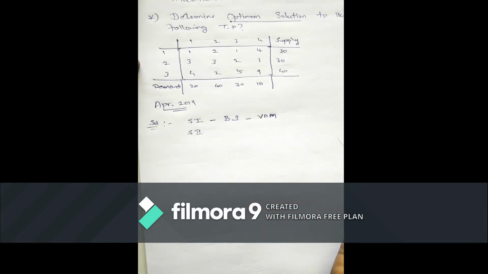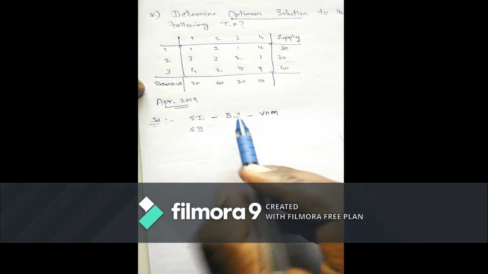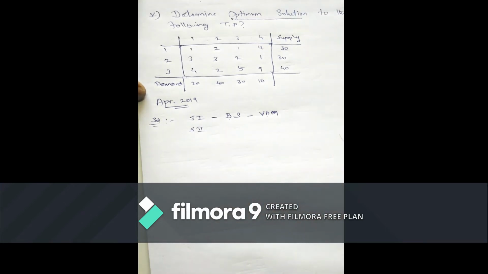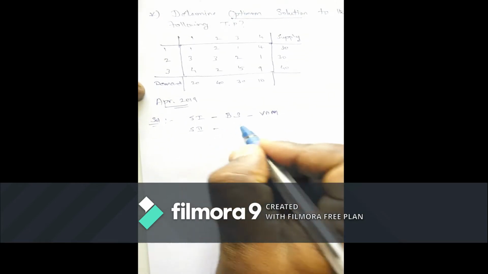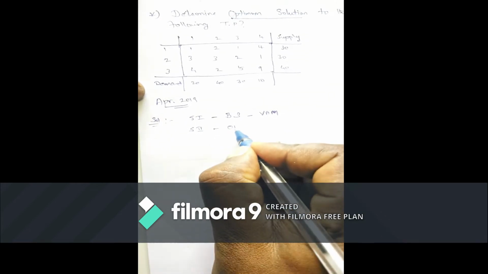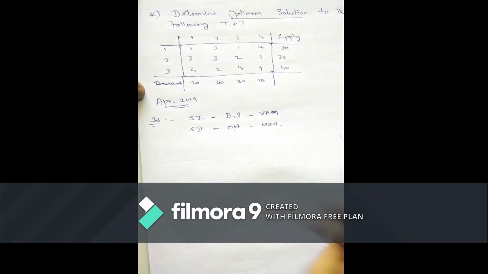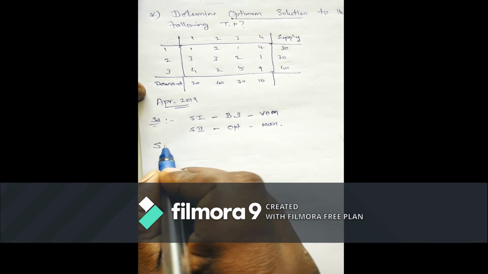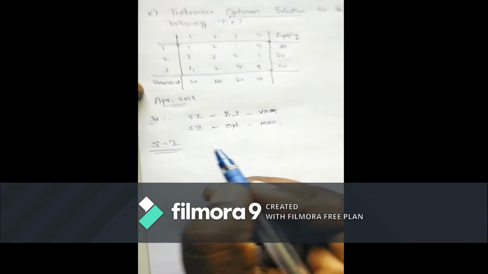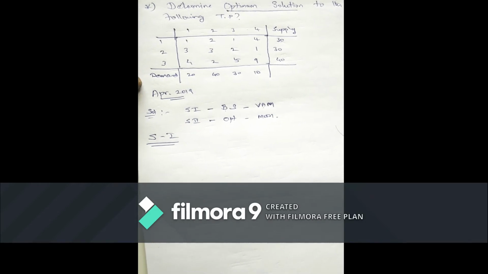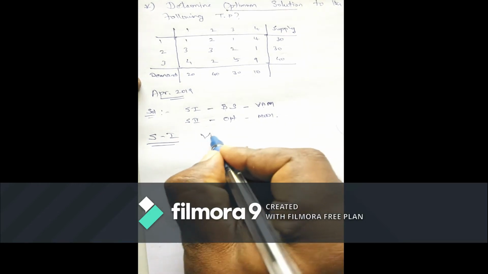After that, we are going to find the optimum solution by using this Modi method. So stage number 1: now we are going to find the basic solution by using VAM.